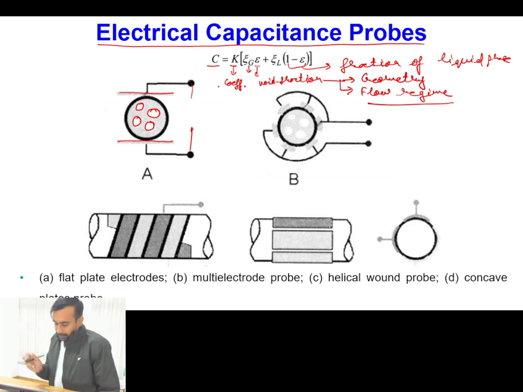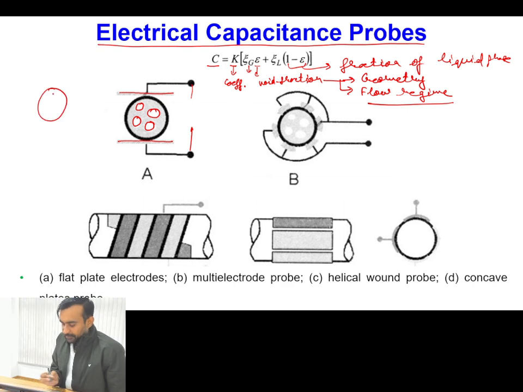However, one important point is that this value of capacitance for a corresponding value of epsilon can be in different phase distributions. For example, these four bubbles present in this liquid phase create epsilon as the value of void fraction. The same value of void fraction can also be created by the presence of a larger slug near the top of the pipe.